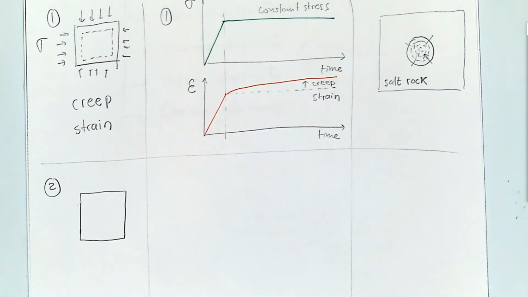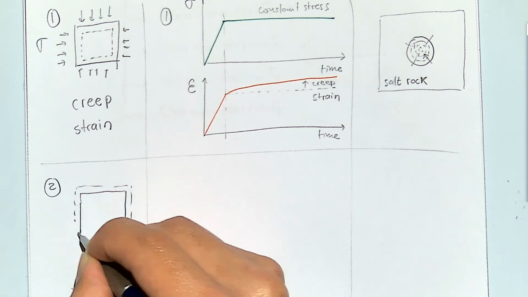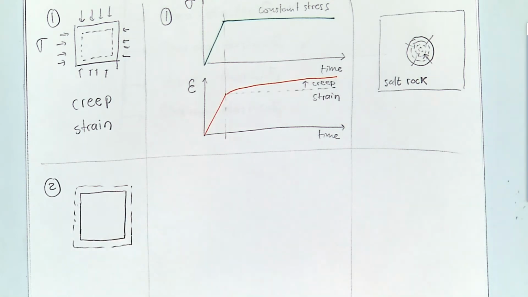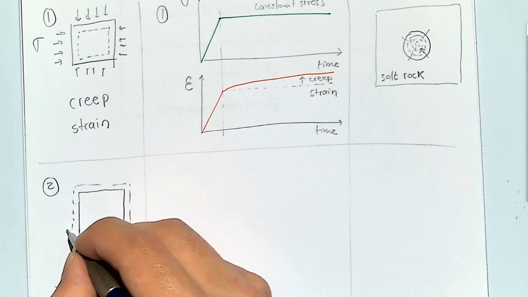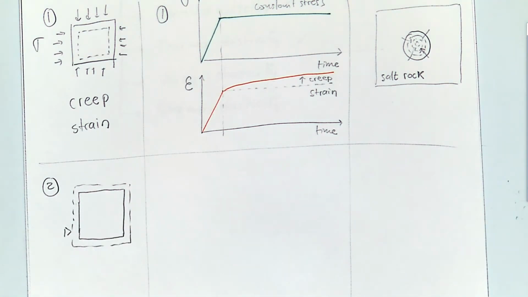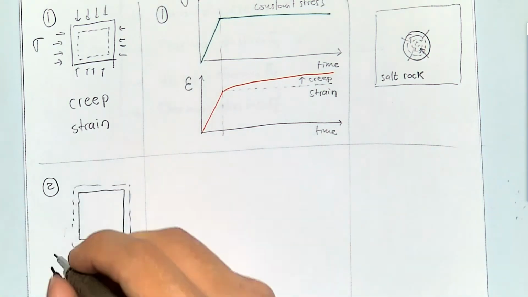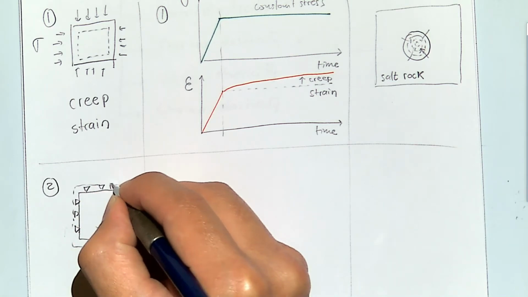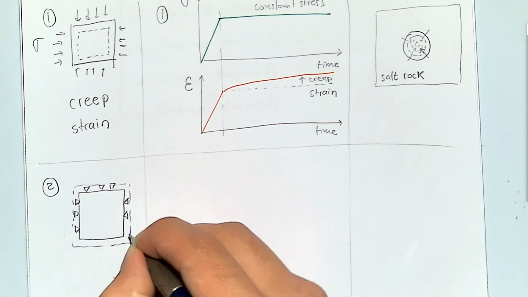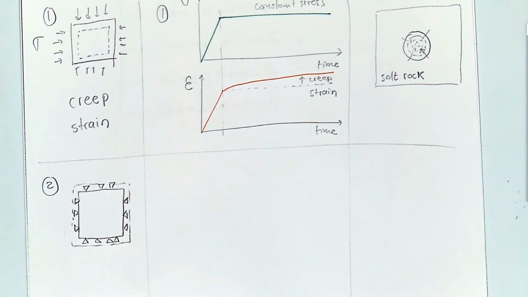Let's say that this was the initial shape, and we compress it, and then we keep that strain constant.